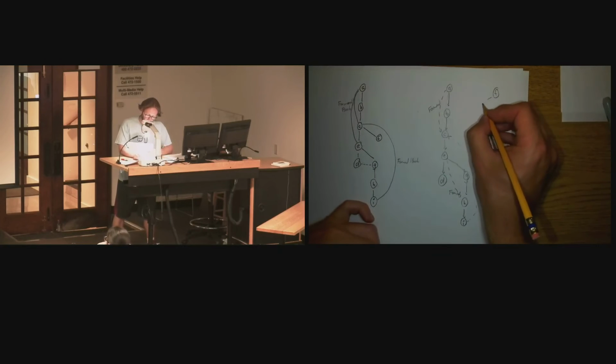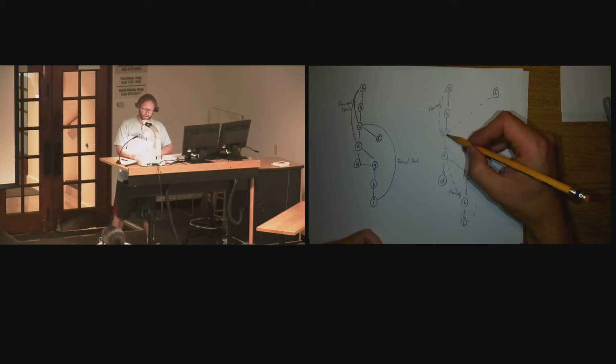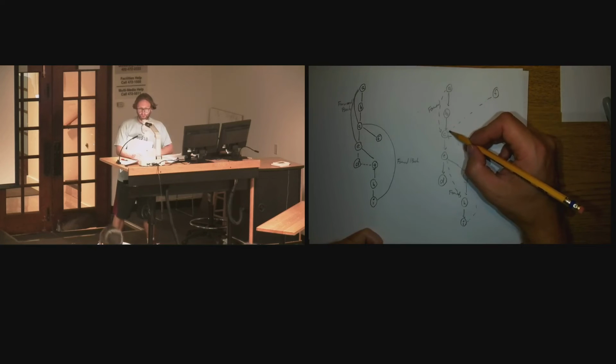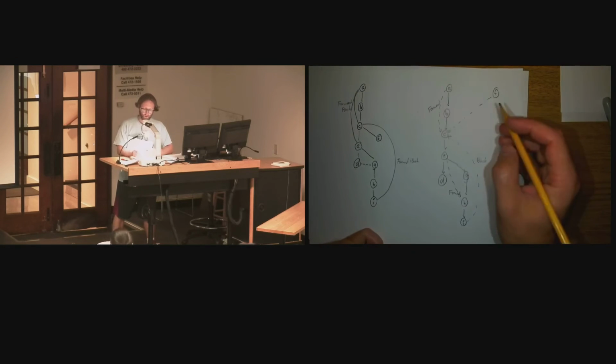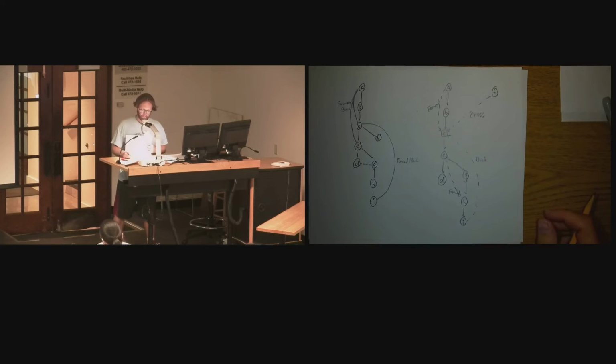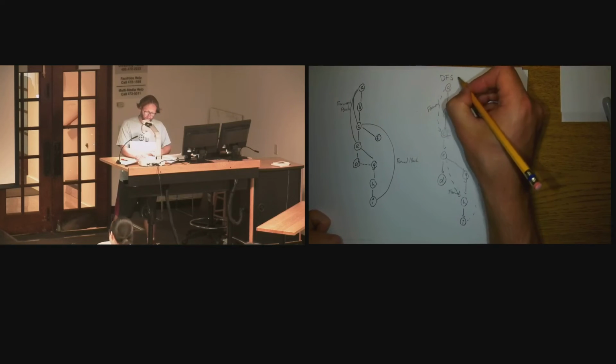F to C. Is F an ancestor of C, or is C an ancestor of F? No. Was this involved directly in the DFS tree? No. So that only leaves one possibility. What? It's a cross edge. Right? So we can have cross edges, back edges, and forward edges in our DFS forest.